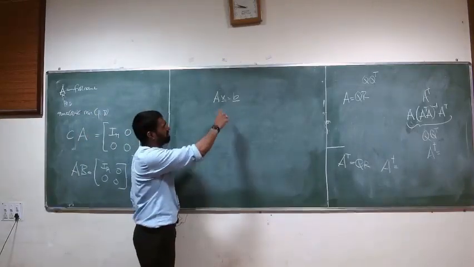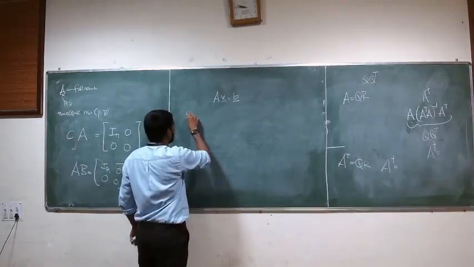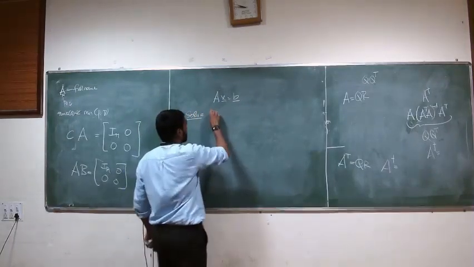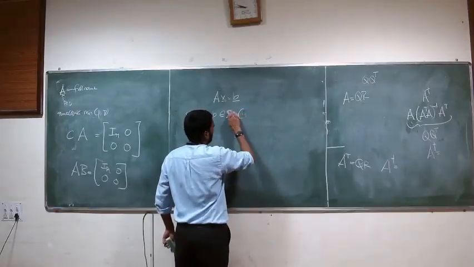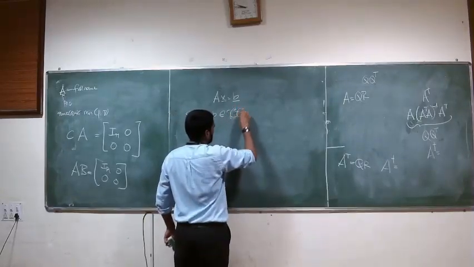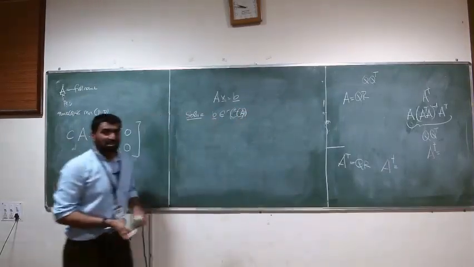Well, as always, B has to be in the span of A, the column space of A. If it's not in the column space, of course we cannot. But is the solution unique?